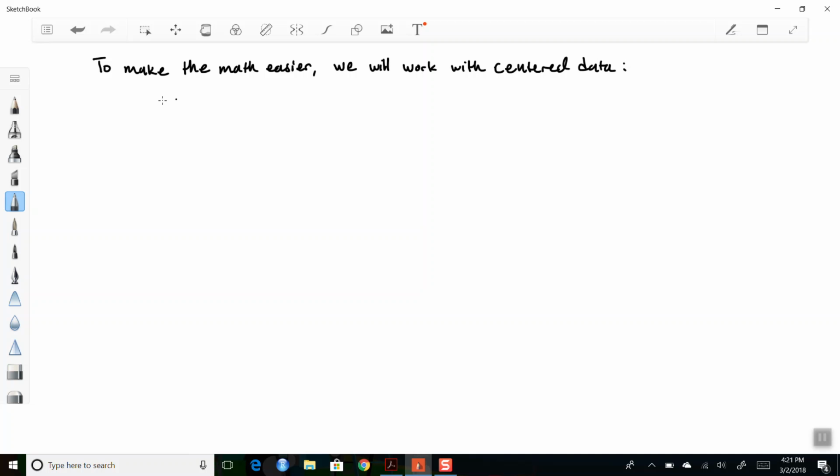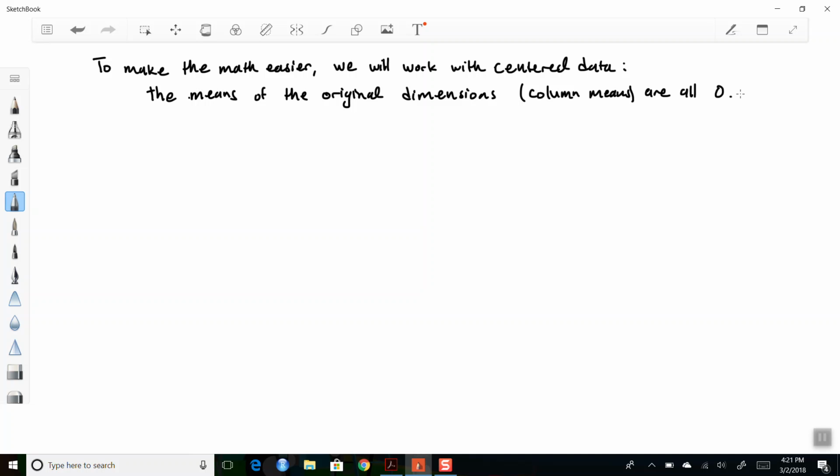That is to say that the means of the original data dimensions, so the column means, are all 0.